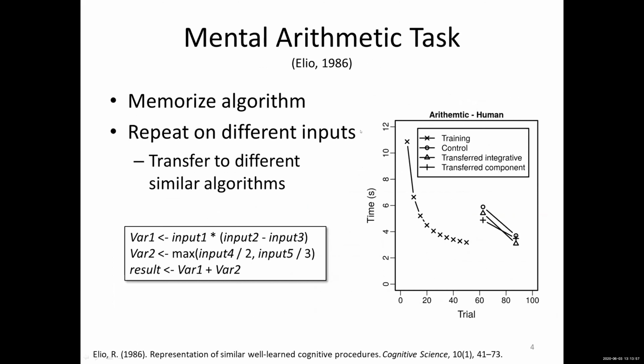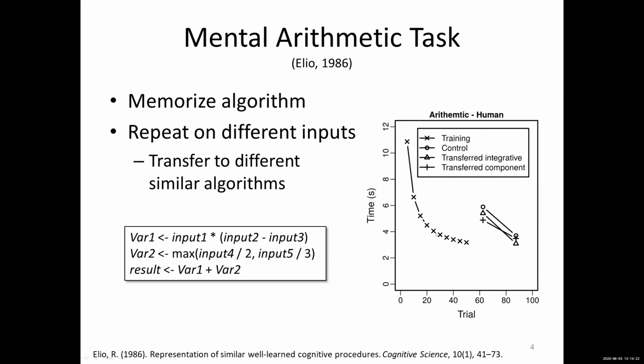We also want to look at the arithmetic task. In this case, it's a bit simpler. Humans just memorize a certain algorithm with various inputs, and then they're given repeatedly different inputs to crunch the algorithm on. In the figure, the main thing to notice is that in the first 50 trials with the memorized algorithm, there's a classic learning curve, a power law of learning.